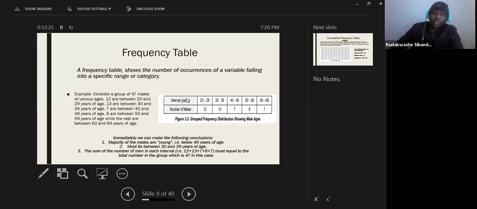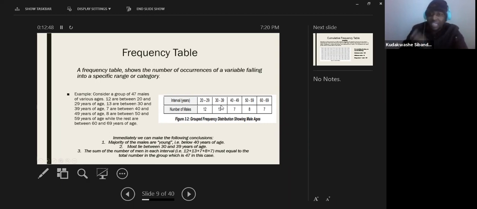For the intervals, what you do is divide the years. In this case, we are interested in the number of males that fall in a specific range of years, so you create what is called an interval. In this case, they had already created it for us. So 20 to 29, that's our first category.